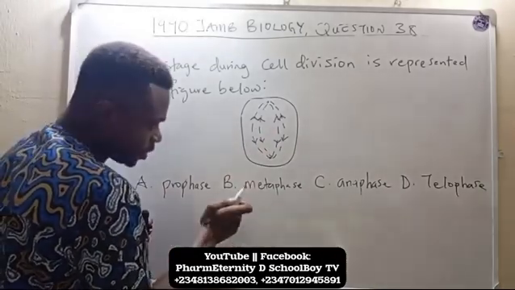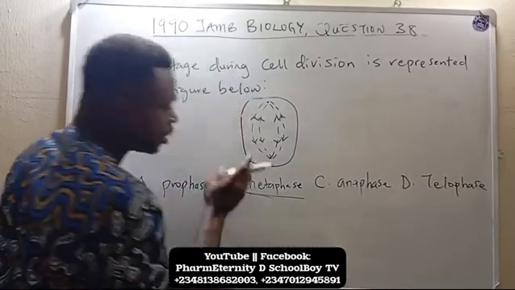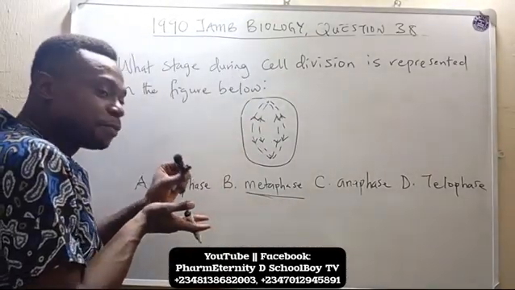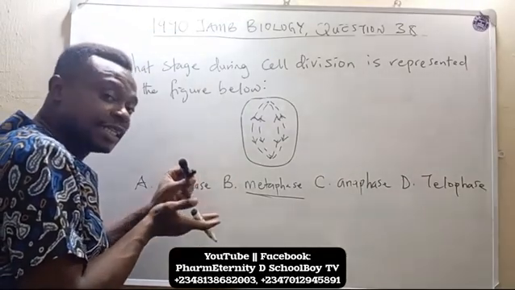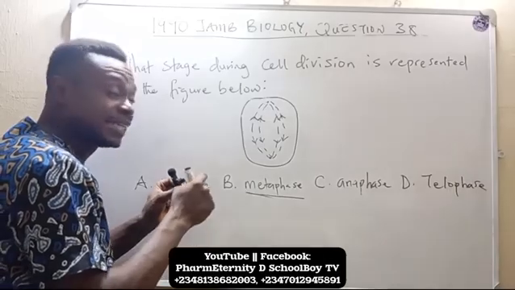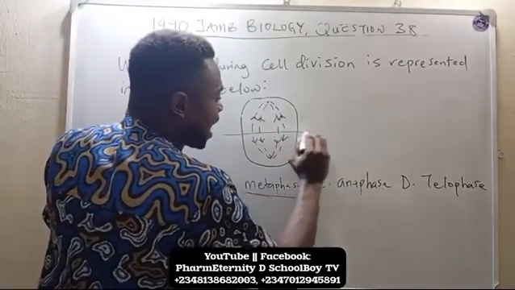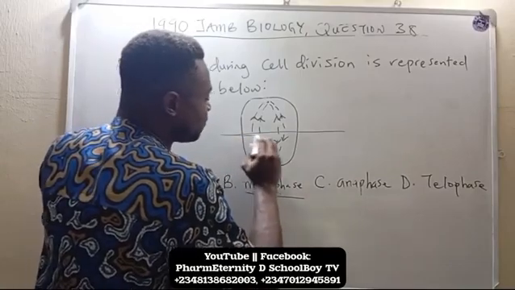Now, specifically, what happens at the metaphase is that the pairs of these chromosomes, still held together at the centromere, will now line up at what is called the metaphase plate.